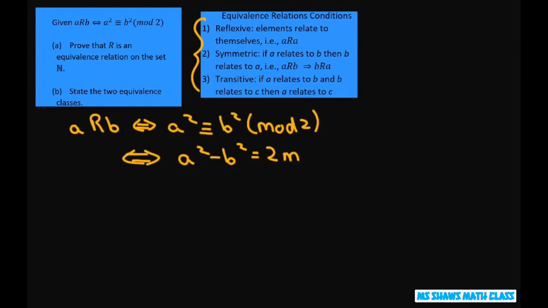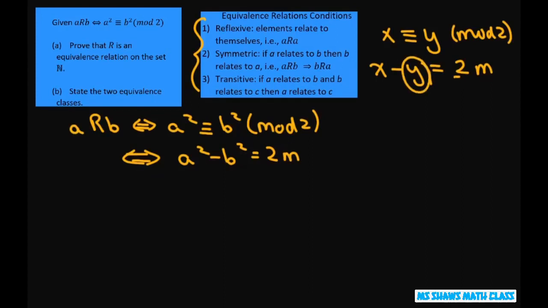That means that when you divide by b, your remainder is 2. So if you have x, something like this, you can rewrite it as x minus y equals 2m. So that means you divide, y is your divisor, and 2 is your remainder.